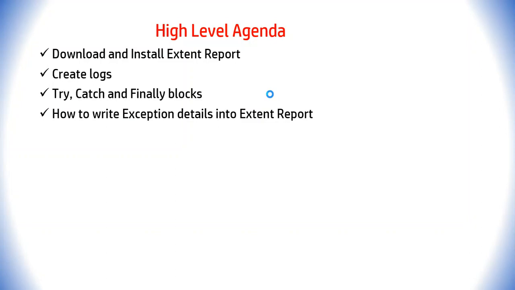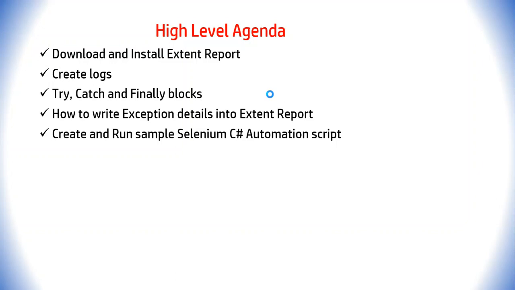Then we'll see how to write exception details into the Extent Report. Then we will create a sample Selenium C Sharp script and demonstrate all the above-mentioned stuff. Then finally I have one assignment.